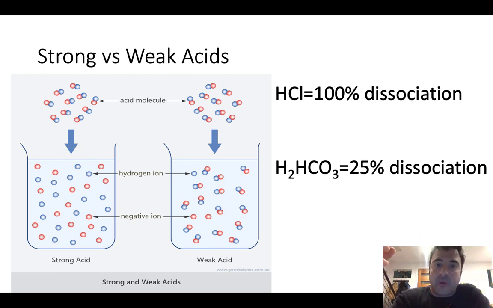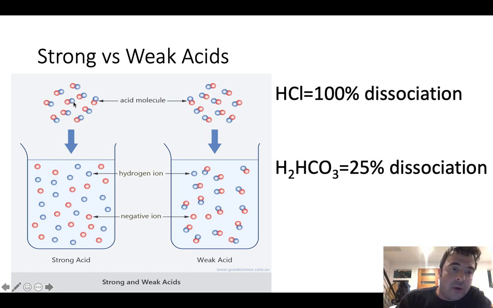What's the difference between a strong acid and a weak acid? So if we look at this, let's pretend that the blue represents the hydrogen ion, and the red represents whatever the anion is. It could be anything. I mean, there are literally thousands upon thousands of acids.